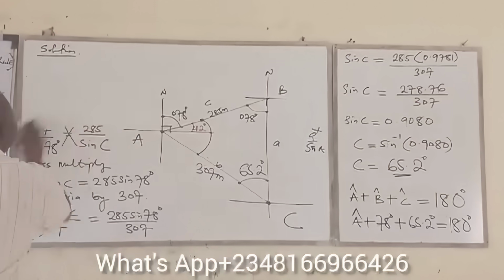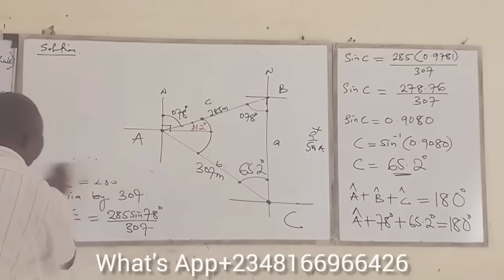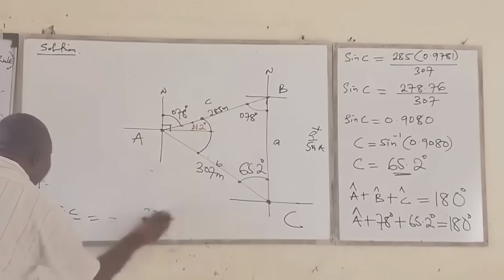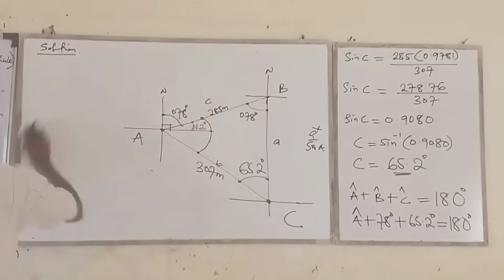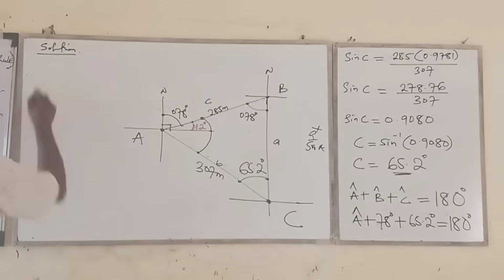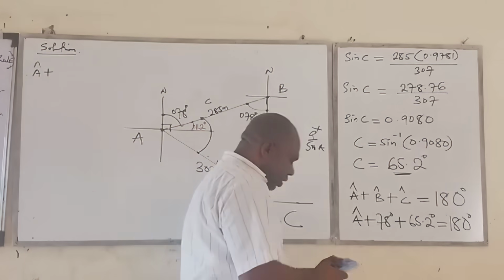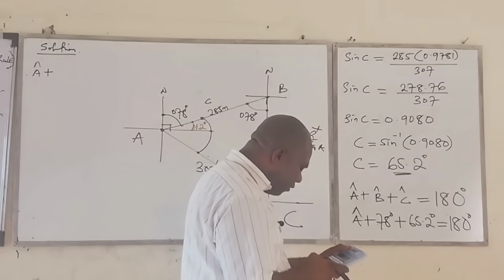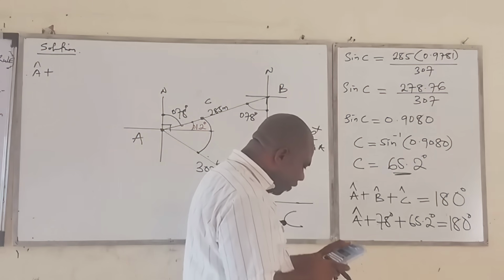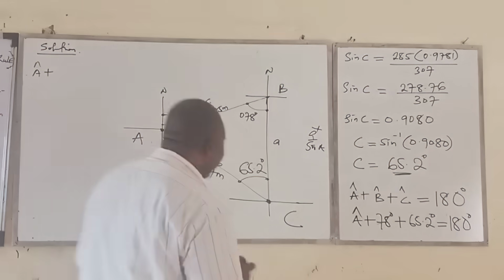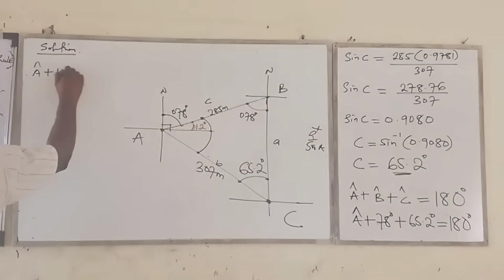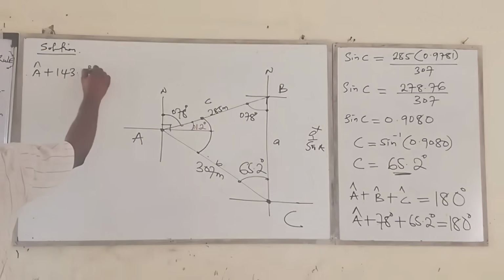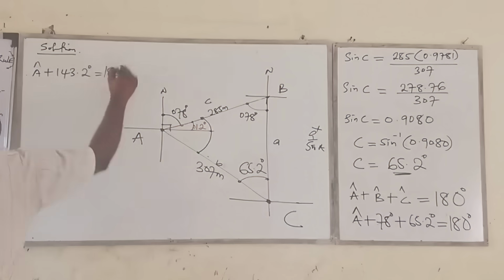So it therefore means that angle A plus, let's add those two, 78 plus 65.2, that will give us 143.2 degrees, and it's equal to 180 degrees.